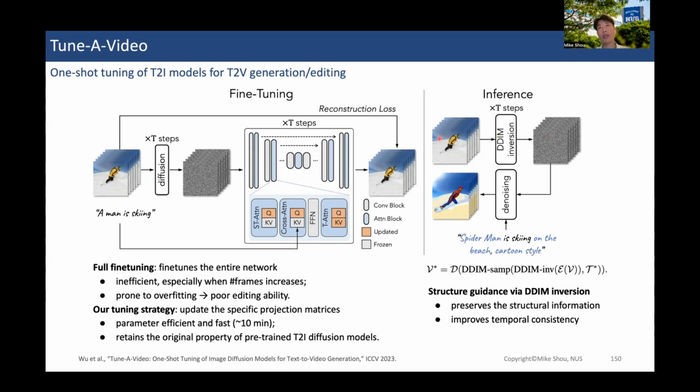Given the video the user wants to edit, we first run DDIM inversion to get the noise. Although it's noise, it still captures some patterns of the input video. Once we use that as our condition for denoising, because the noise is consistent over time, it ensures the consistency of the video generated by our model.